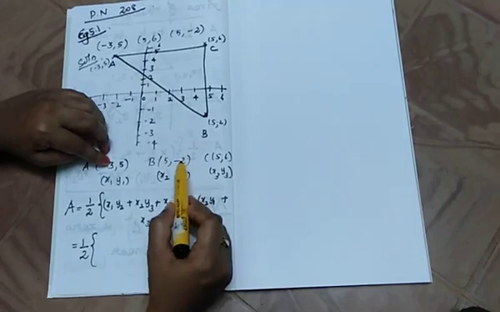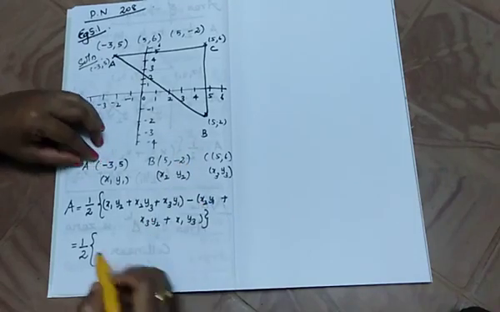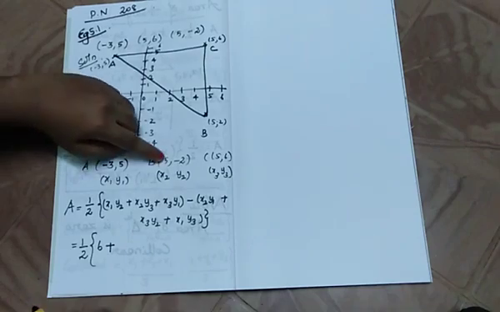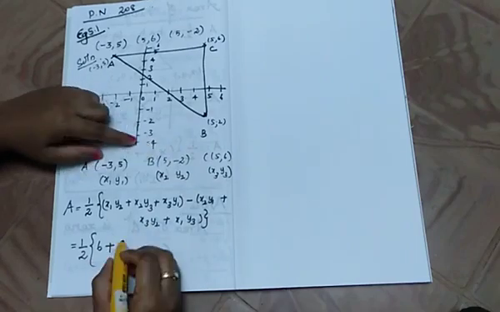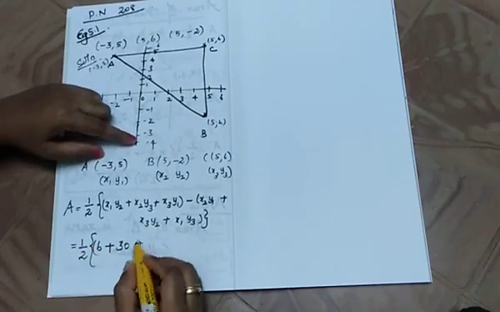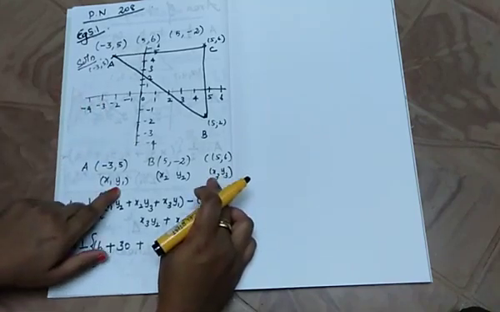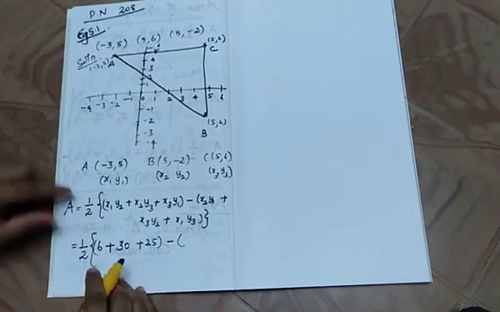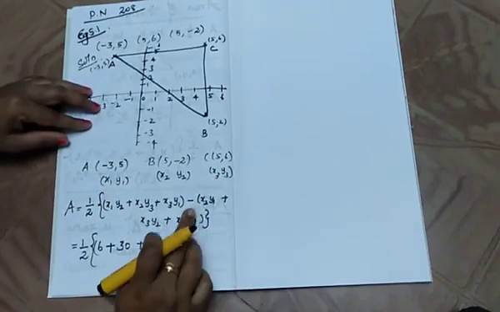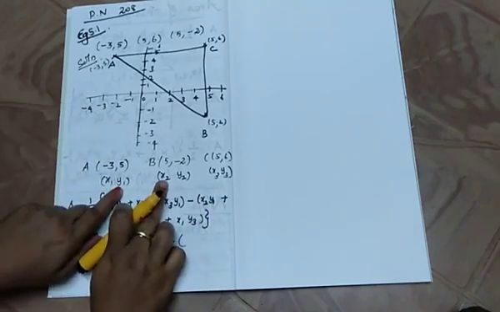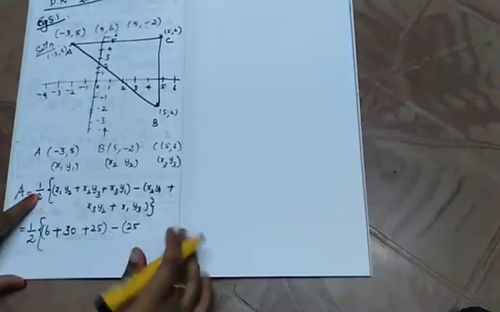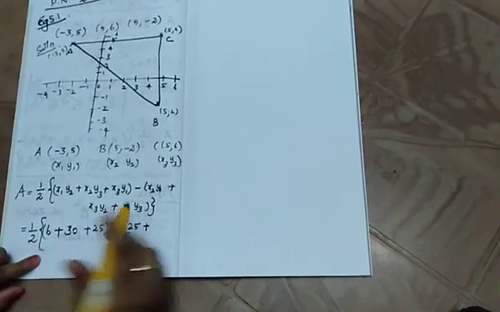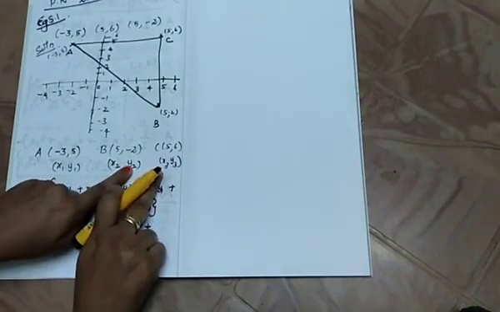x1 and y2, so minus 3 into minus 2, 6, plus x2 into y3, that is 5 into 6, 30, plus x3 into y1, that is 5 into 5, 25, minus, next x2 into y1, that is 5 into 5, 25, then plus x3 y2, that is 5 into minus 2, so minus 10.